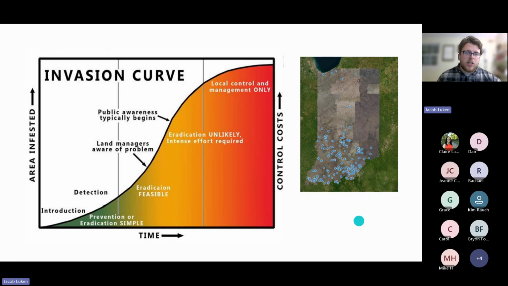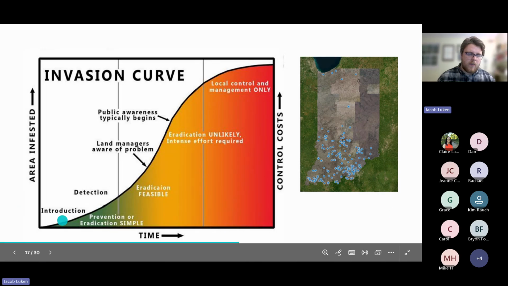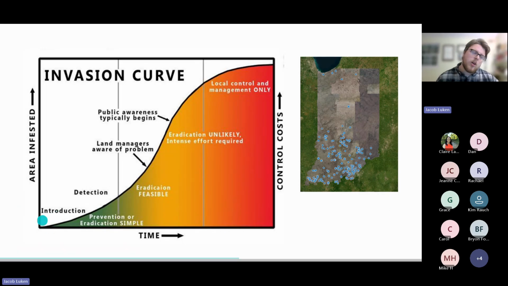So there's a really neat graphic here, and this is called the invasion curve. What this is trying to show is you've got your introduction of an invasive species all the way down here, and our axes are area infested versus time. And then as area infested goes up, control costs also go up.